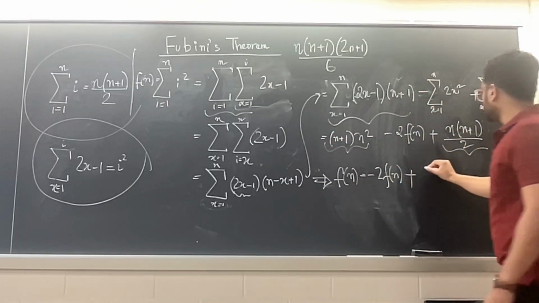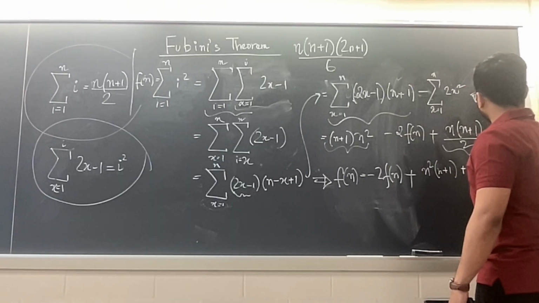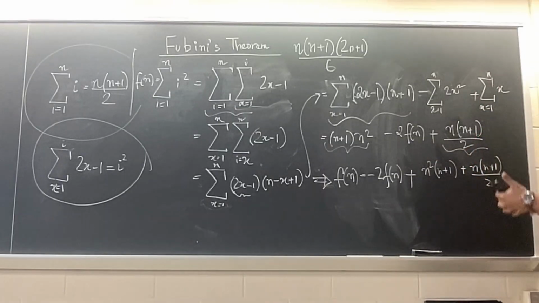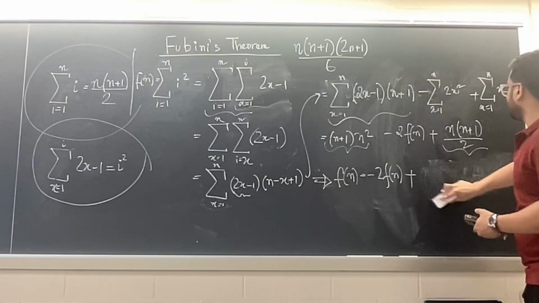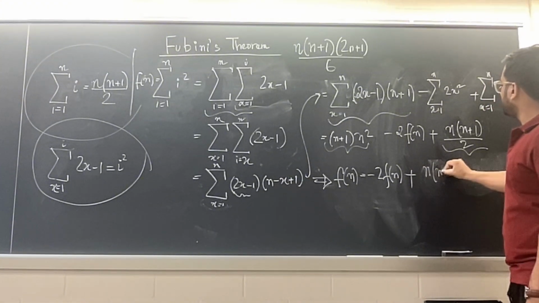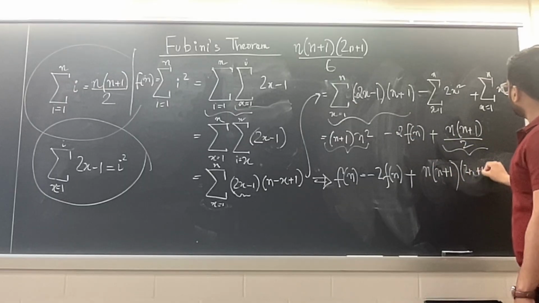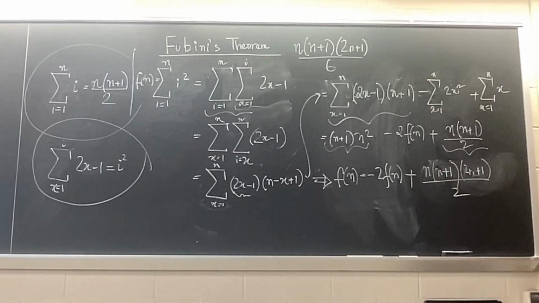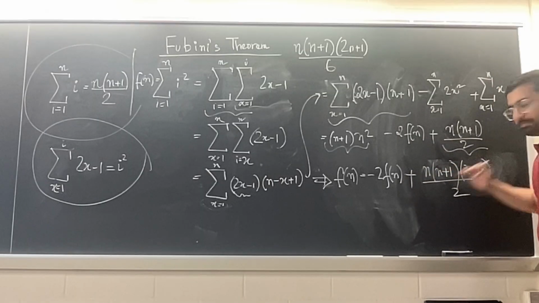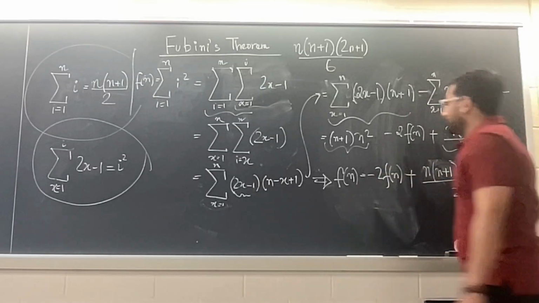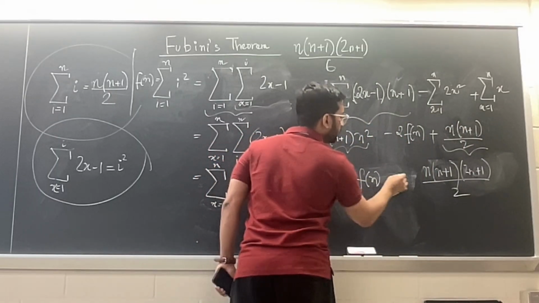And if you calculate this, n square times n plus 1 plus n into n plus 1 by 2, you will get, you can check it out, n into n plus 1, because you can take that common, times 2n plus 1 by 2. It's beautiful, right? We get n into n plus 1 into 2n plus 1 by 2, and observe what we have here. So we can now replace this as 3f of n equal to this quantity.